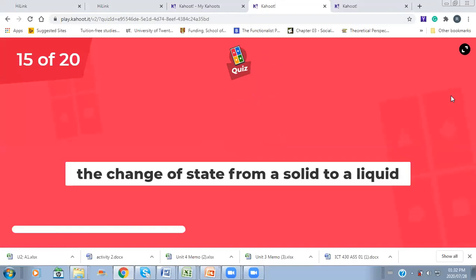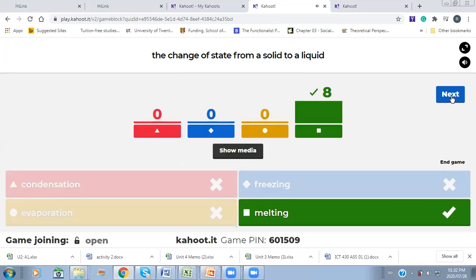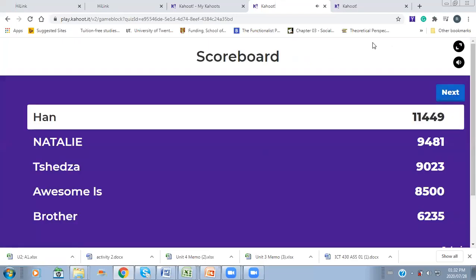Question 15. The change of state from a liquid to solid. From a solid to liquid rather. Perfect. All got this one right.